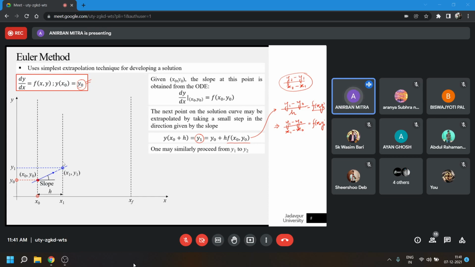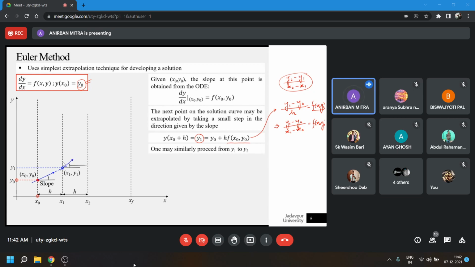Now we can repeat the process and similarly proceed from y1 to y2. We'll move forward to the right by amount h.